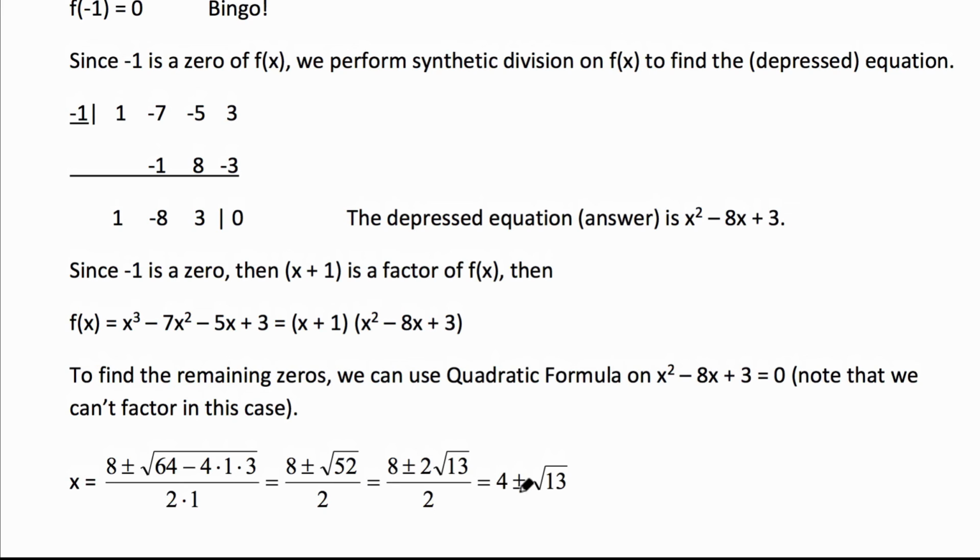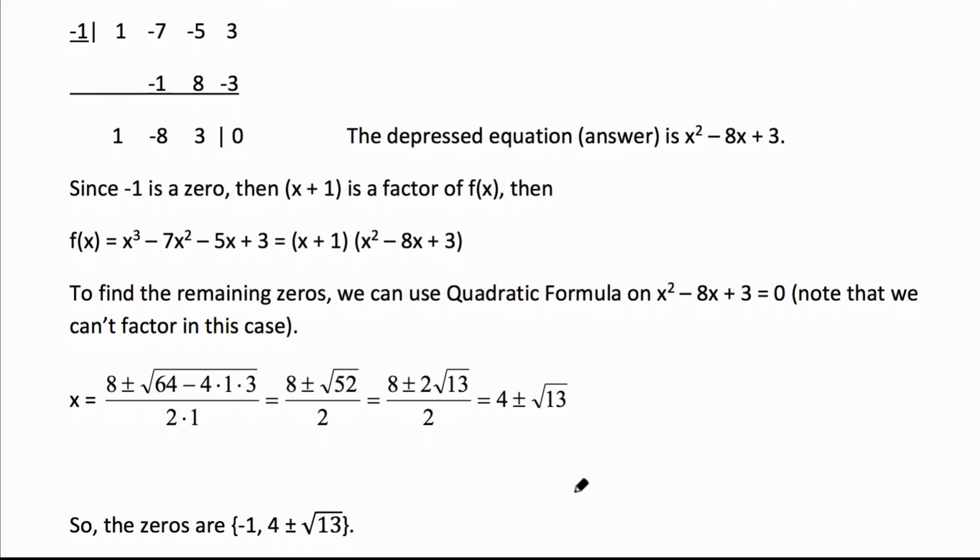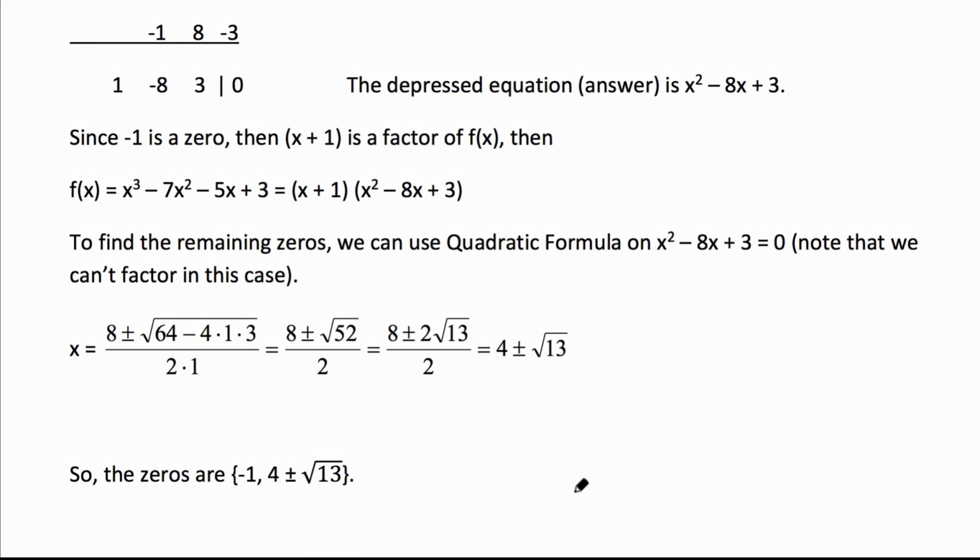And notice how we can cancel. Here, 8 divided by 2 is 4, and then the 2 should cancel out, just leaving us with radical 13. So in this case, we did have a couple of real zeros. But notice how we started with rational zeros, and then we ended up factoring it completely with the quadratic formula. And that's it.